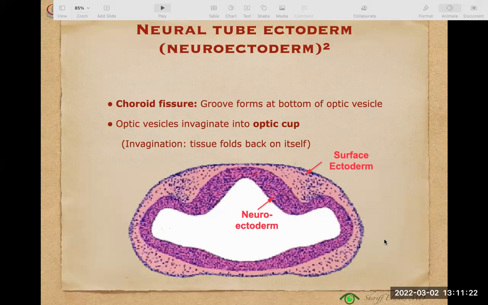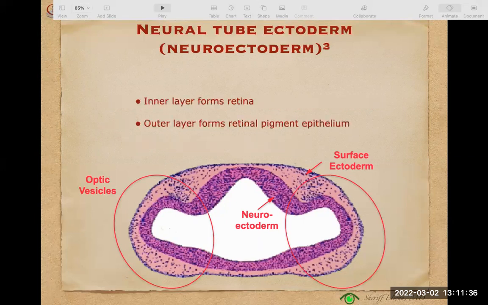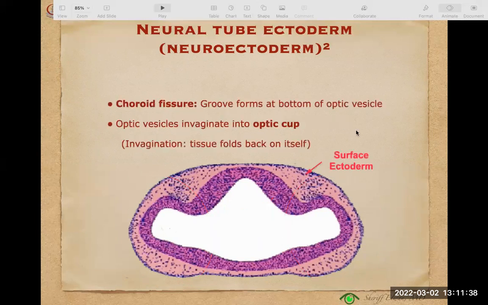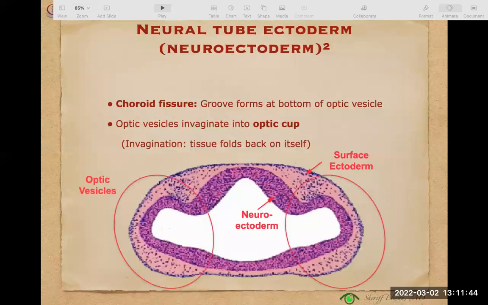On both sides, two vesicles, two small balls, start to form. These are called the optic vesicles, and these form the future eyes.